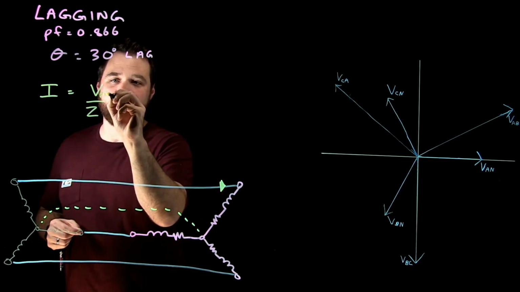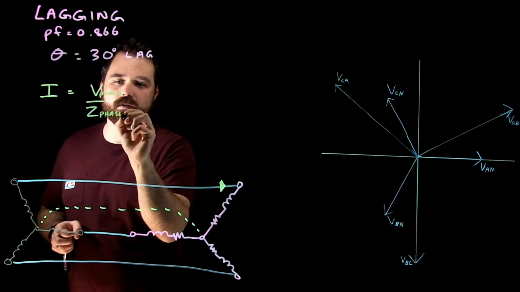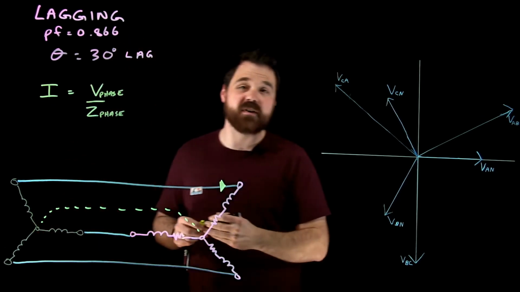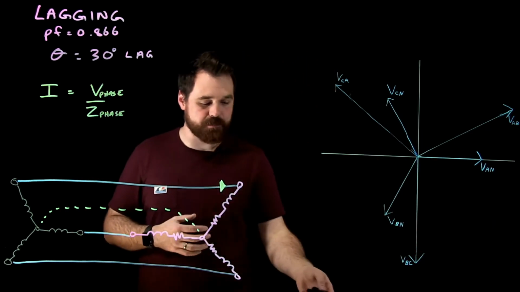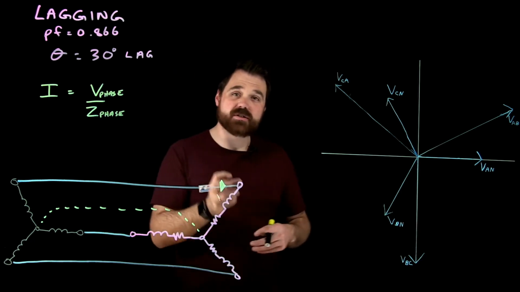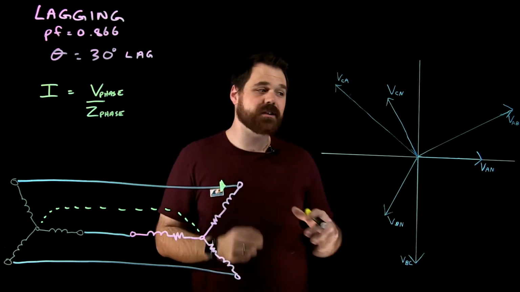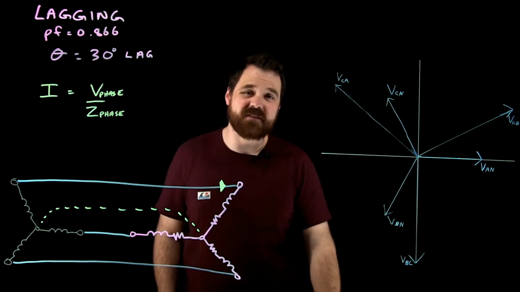So it's V of the phase and Z of the phase, and it gives me current of the phase, which in a Y circuit, we know phase current and line current are the same. Based off of that, all of my phasors for current are going to be about the phase, based off of that phase voltage.